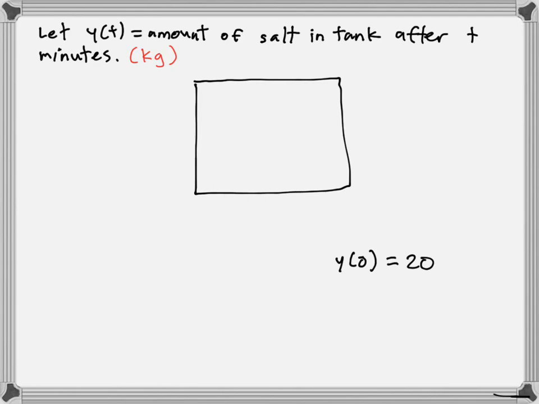So let's think about what is coming in first. It says brine that contains 0.03 kilograms of salt per liter enters the tank at a rate of 25 liters per minute. Okay, so let's go ahead and draw a little arrow here. What's coming in is something that's 0.03 kilograms of salt per liter, and it's also coming in at 25 liters per minute.